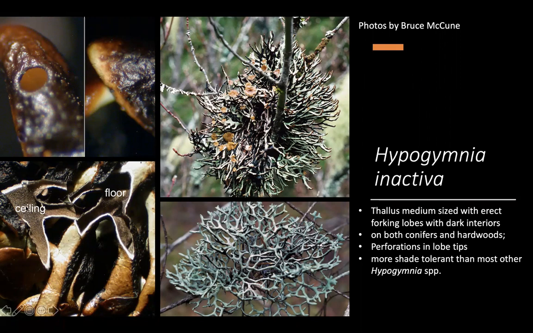The ceiling and the floor of the interior lobe is dark on both sides for this species. This occurs on conifers and hardwoods. You can often find perforations in the tips of the lobe. Here's a very up close view of the underside of one of these lobes with these perforations in it. This tends to be a more shade tolerant species compared to the other species of Hypogymnia. That's Hypogymnia inactiva.